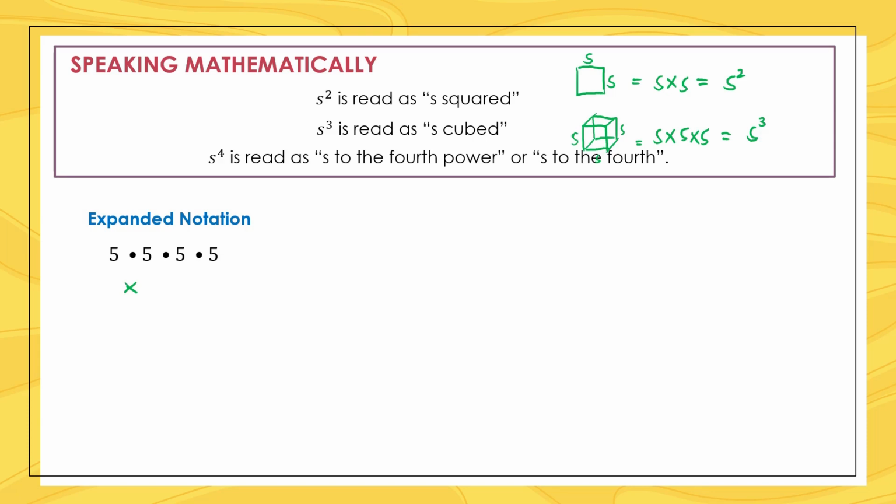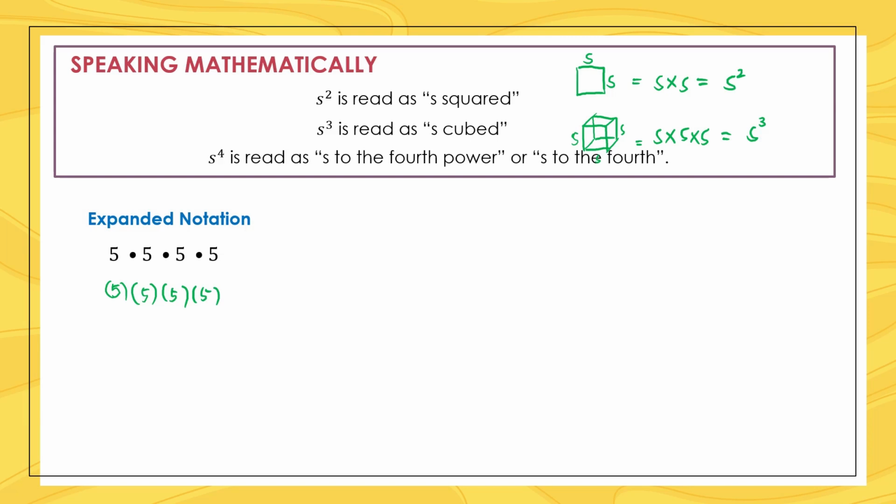Thus, we use this symbol, the dot or period in the middle. Or we could also use parentheses. You could have (5)(5)(5)(5). These are the ways on how to write this notation.